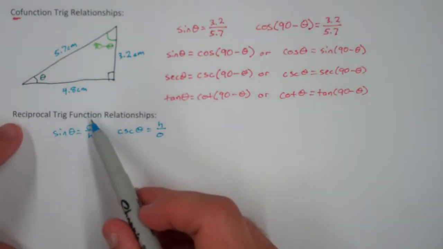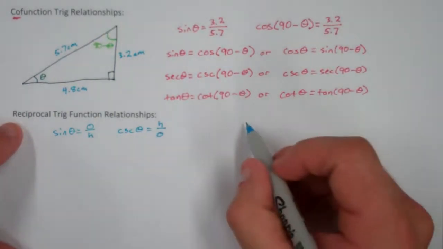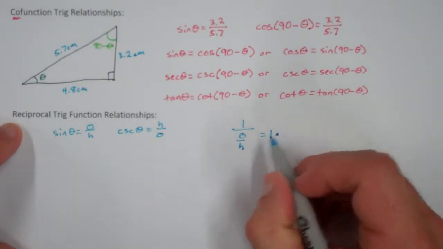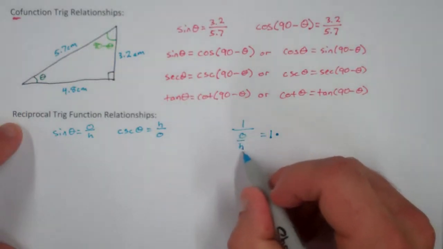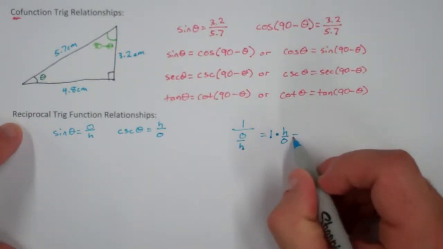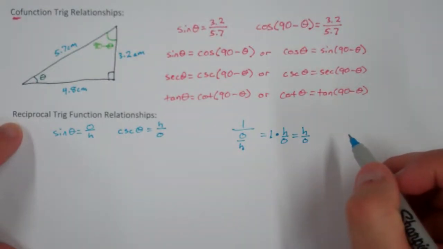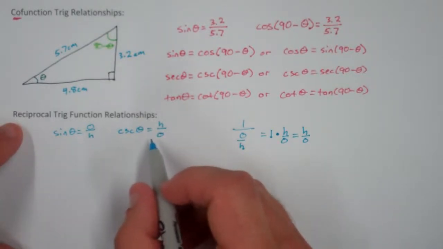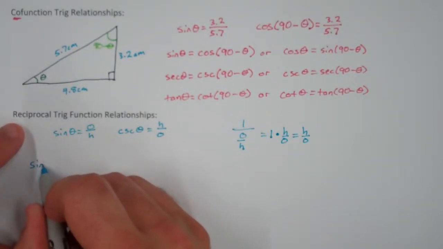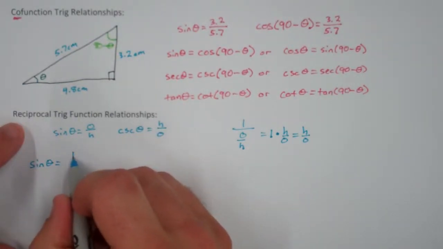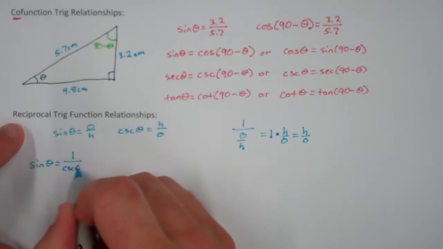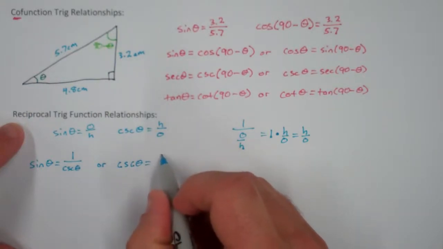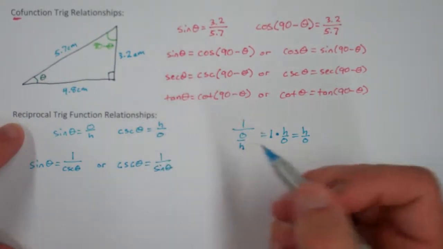If we took 1 divided by the opposite over the hypotenuse, we could rewrite this as a multiplication problem. We need to use the reciprocal of the bottom, and so that will be just hypotenuse over opposite. So if we want to find the sine of theta, and we know the cosecant of theta, we could write this relationship, that the sine of theta is equal to 1 over the cosecant of theta, or the other way around works as well. The cosecant of theta is equal to 1 over the sine of theta.